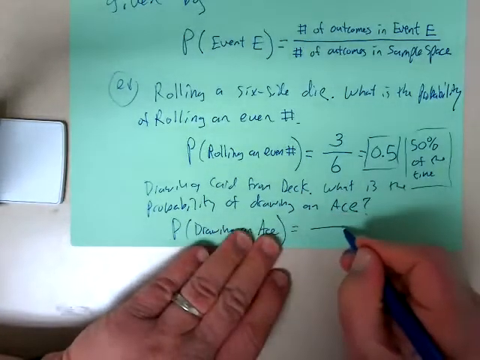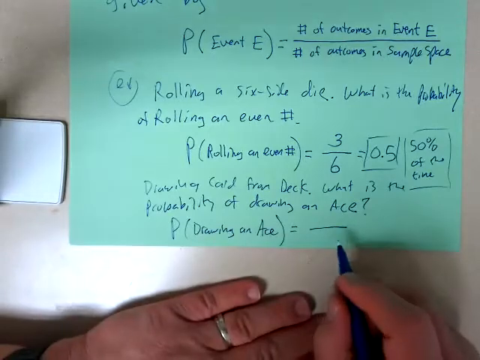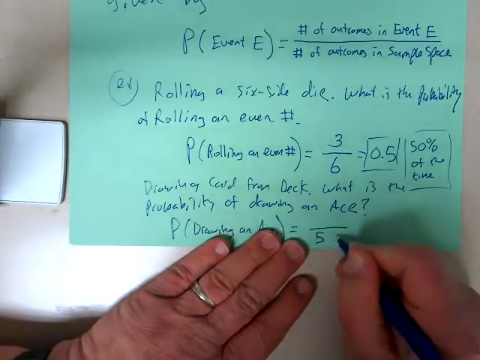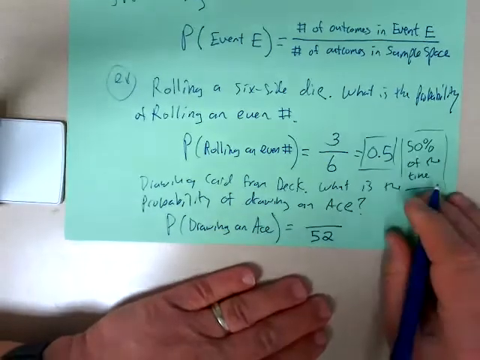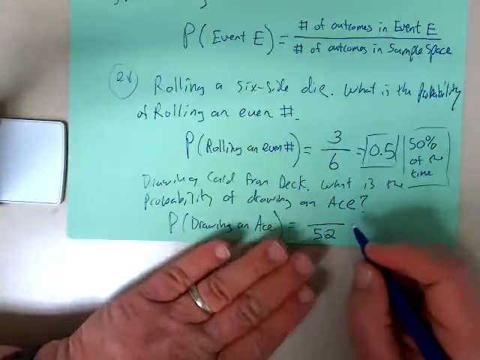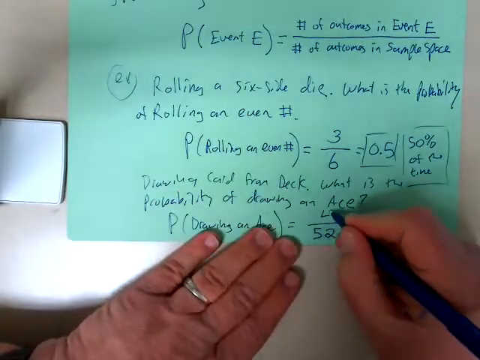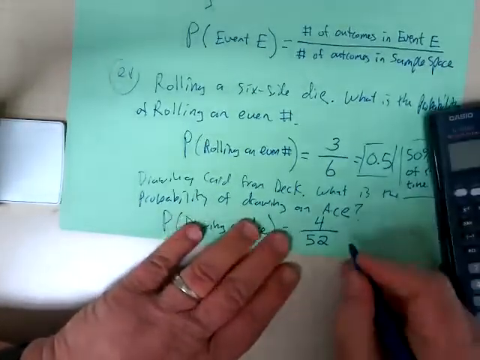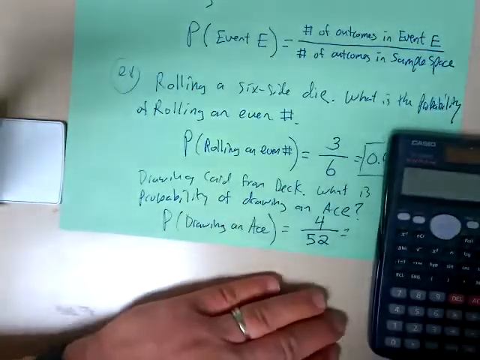And then I'm going to put the bottom number. The bottom number is the size of the sample space. And there's 52 cards in the deck. And then I think out of those 52, how many are aces? And I know there's 4. So there's 4 out of 52. And so I take my calculator.